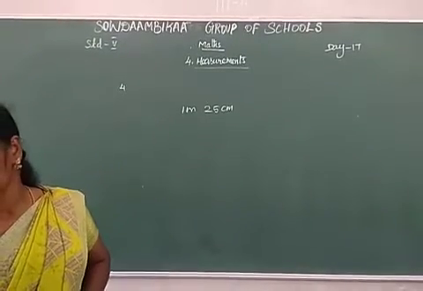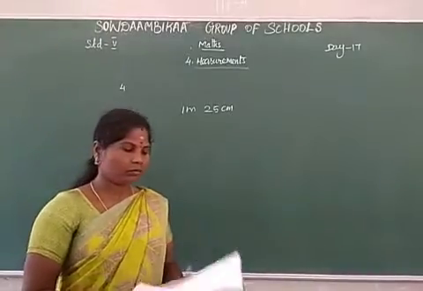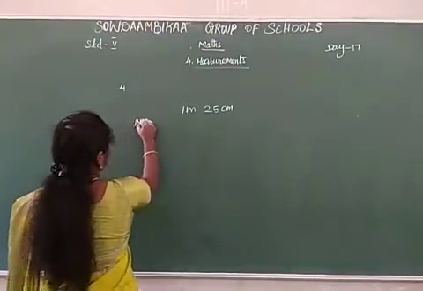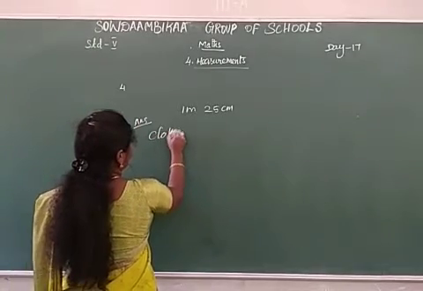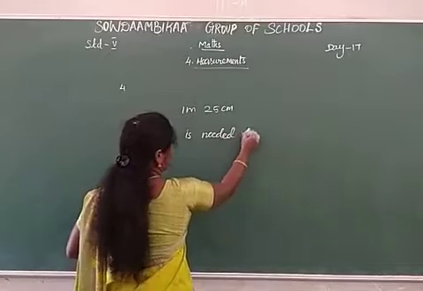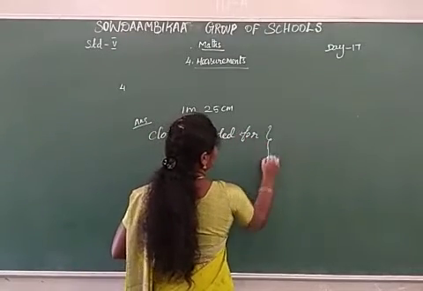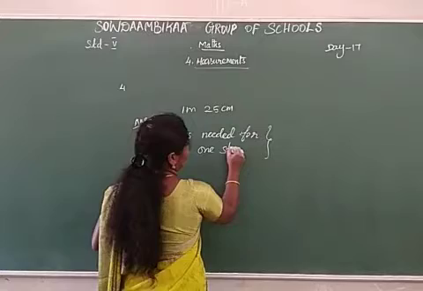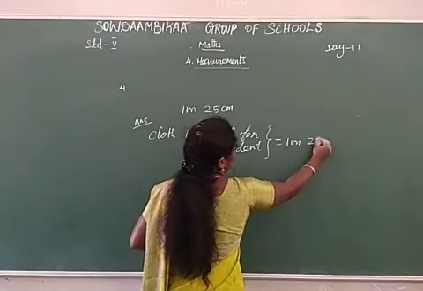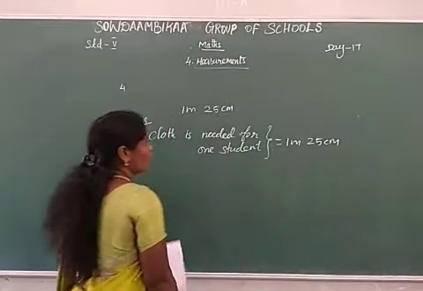Okay, 22 shirts. Cloth is needed for one student. How much? 1 meter 25 centimeter. Already given in the question. Okay.